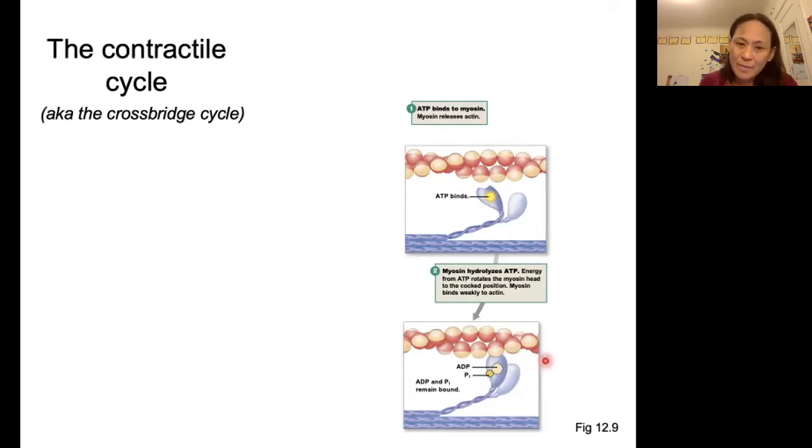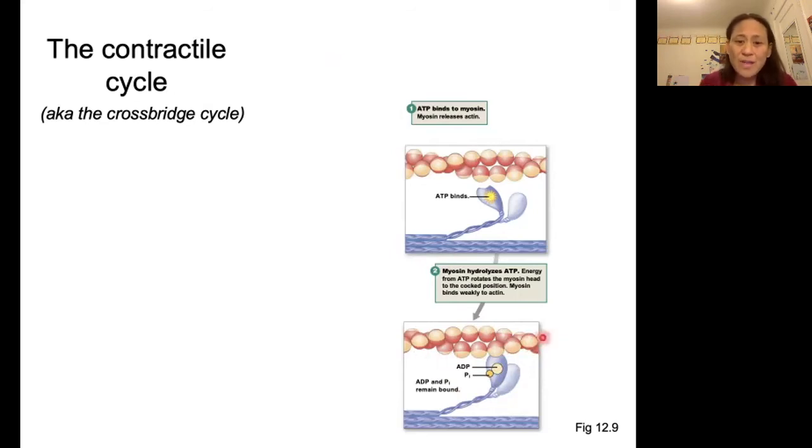A couple things I want to say about this. This binding between the myosin and the actin in this panel is a weak binding. It's not a strong binding like we saw up here in the rigor state, okay? So it's a loose binding, and the reason that it's loose is that tropomyosin is in the way, okay?